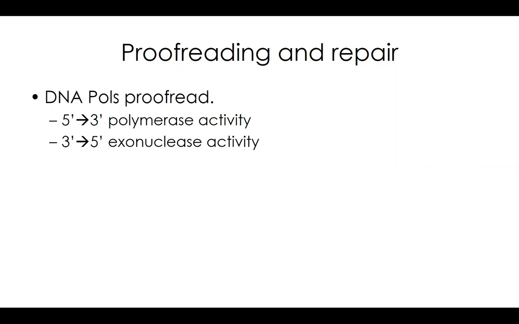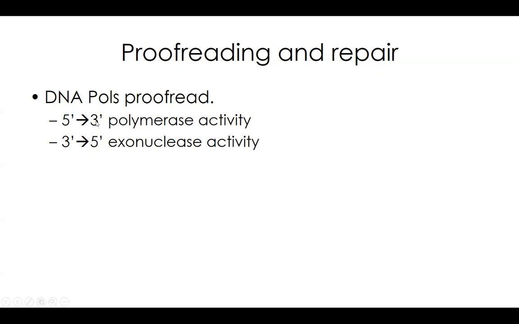We call this exonuclease, because removing a nucleotide, you can think about that as taking it out, exo. That occurs backwards. That's a backspace, and that's why we talk about 3' to 5'. In terms of adding nucleotides, we always add to the 3' end.